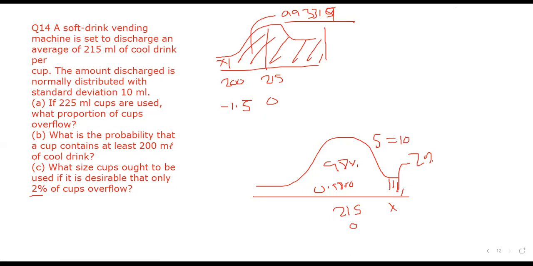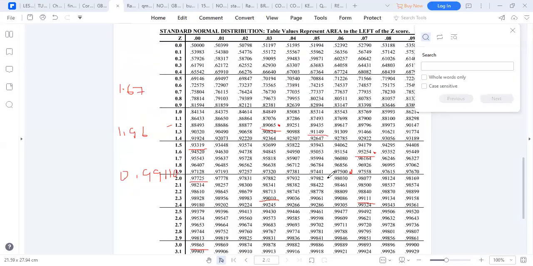We did a similar question. So 2.05 because of the 2%. The closest is this one here, 2.05. It's closer than this one, 0.98 and this is 0.979. So that's why I got the 2.05 reading from inside the table.